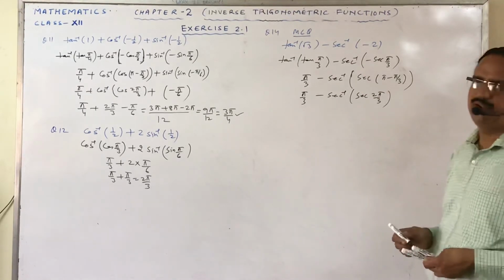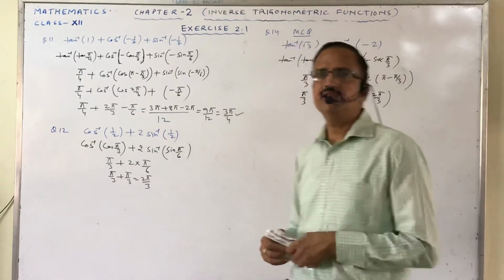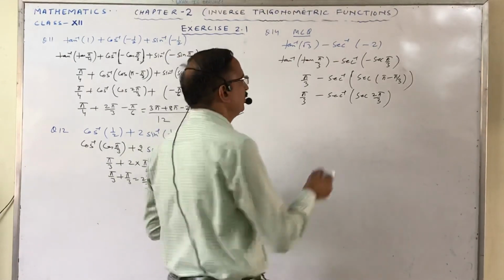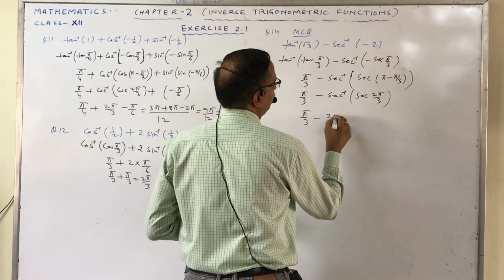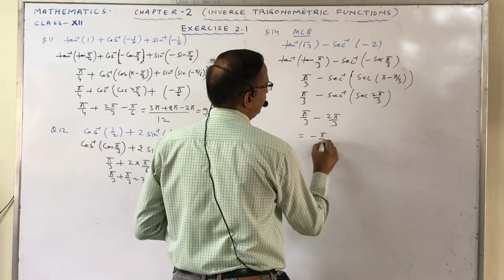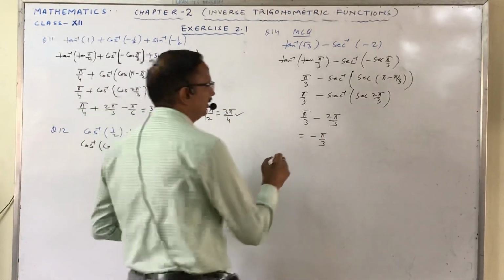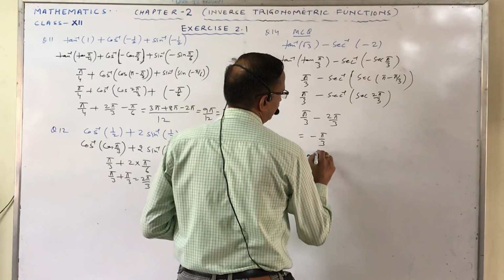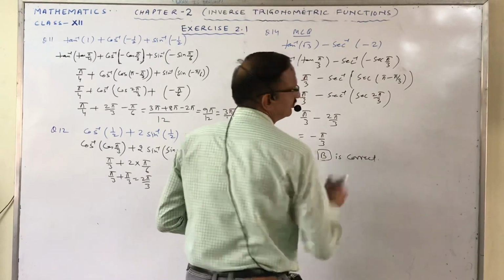Now this 2 pi by 3 lies in the principal branch of sec, that is from 0 to pi except pi by 2. So sec and sec inverse cancel out and we will get 2 pi by 3, and finally we get minus pi by 3. So this is the option given in part B. So we can write option B is correct. Okay children?